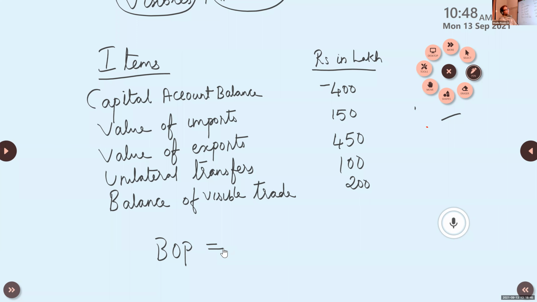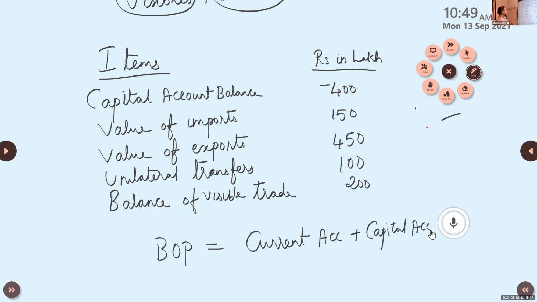Aishwarya, do you know? Current account plus capital account. Yes. And you know that if we add these two, it should be zero, then only it will be in balance.